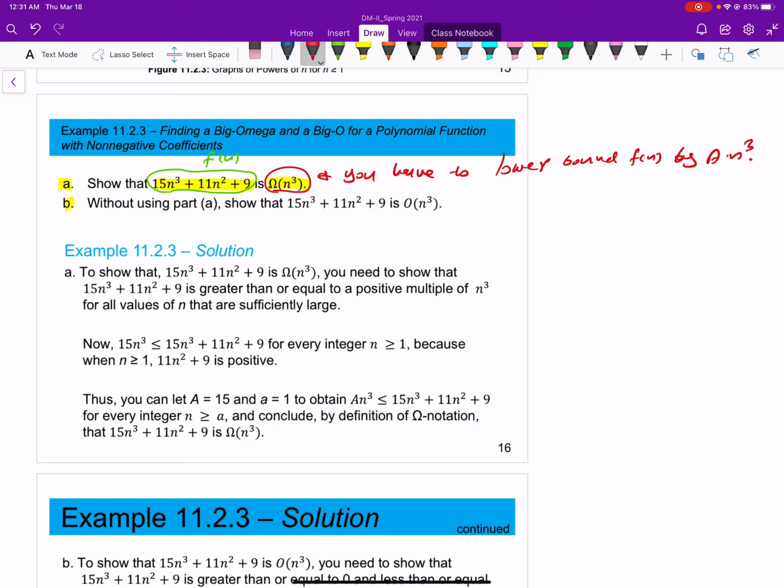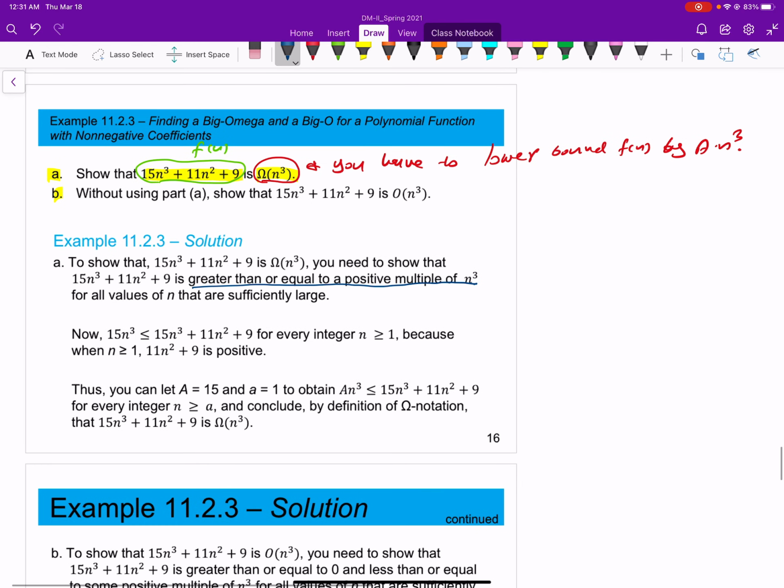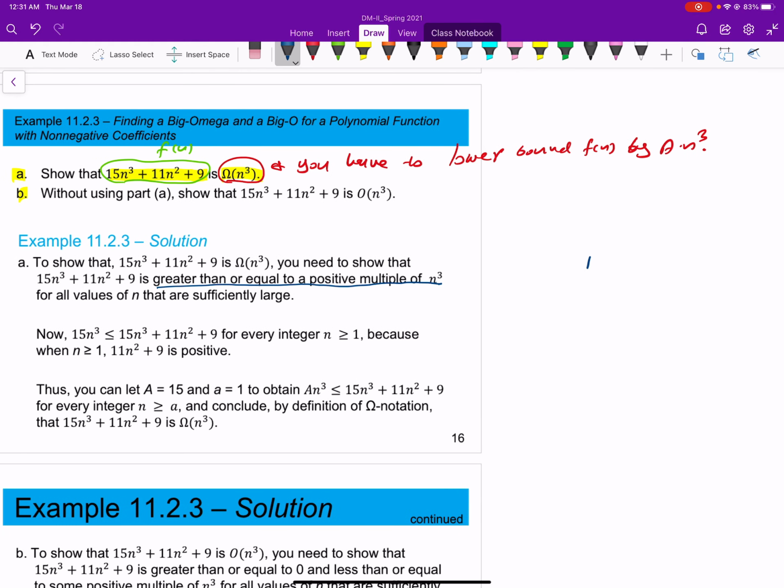All right. So then I already read this. You have to make it greater than or equal to a positive multiple of that. You have to make a lower bound. Making a lower bound is very easy. How do you make a lower bound for this function?